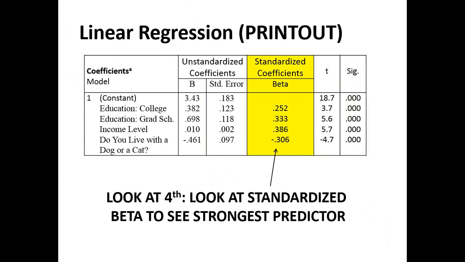And we can see here that income is the strongest predictor with the standardized coefficient beta of 0.386, but all of them are hovering around that 0.3 area, although income is higher, right? So our independent variable is 0.306. So it's not the lowest, right? The lowest is 0.252, which is the college category, and it's not the highest like income, but it's the mid-range.